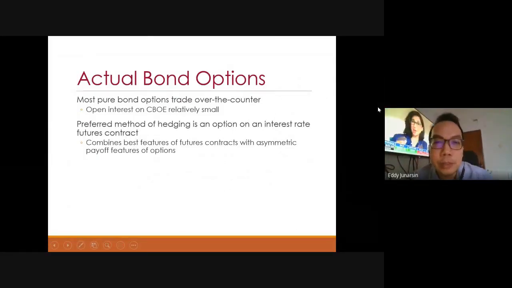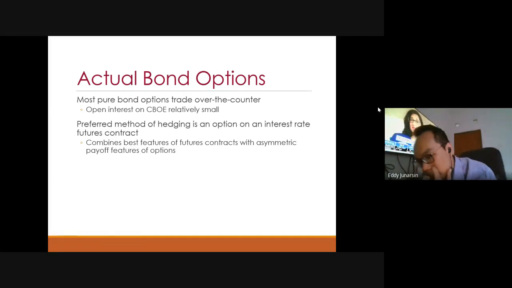Okay, so bond option, this is the first one. Most of the time, this is to hedge against the interest rate risk, right? Especially if you have a long position in a bond or bond portfolio, you'll be very unhappy to see an increasing market interest rate or an increasing yield, right?